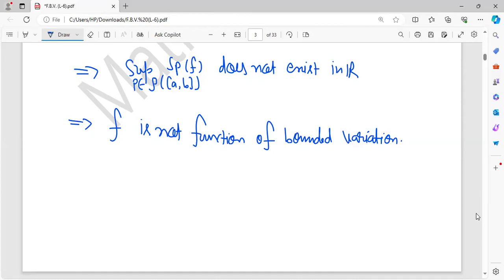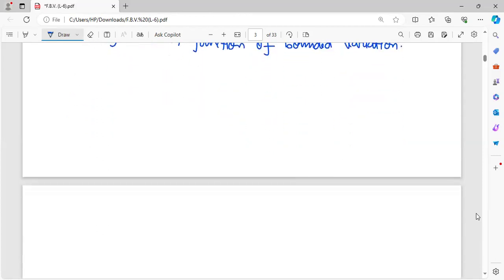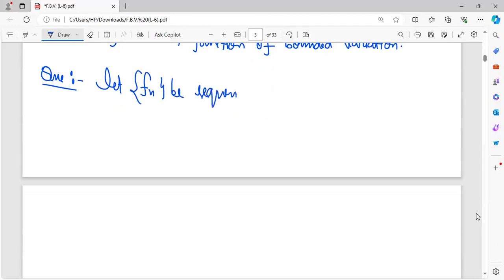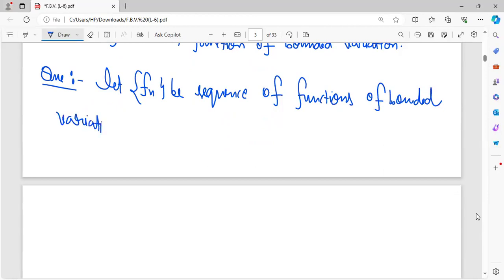Now I am asking a question to you. Question: Let Fn be a sequence of functions of bounded variation on closed interval AB.